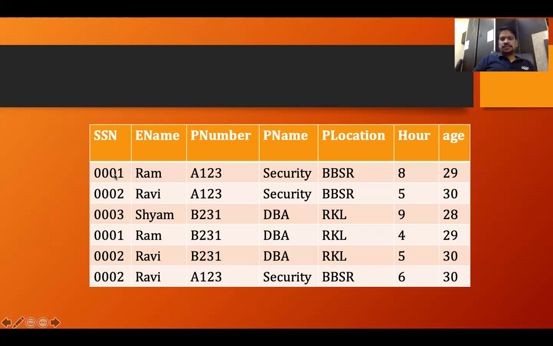Reverse is possible? Can we say that ename determines SSN? It looks the same as this particular table, but when we talk about SSN and ename, for my Aadhaar number there will be one person only, that is Suraj Sharma. But can I say that another Aadhaar number may also have Suraj Sharma? Yes. So can Suraj Sharma determine Aadhaar number, or Aadhaar number determine Suraj Sharma?